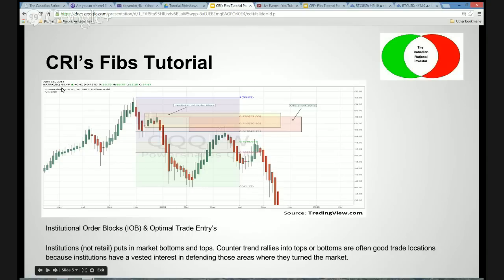So in our example here, we're just looking at the QQQs, or basically the ETF on the NASDAQ. You can see the market topped out here at about 55, came screaming down here to 41, which is basically about a 20-25% correction.